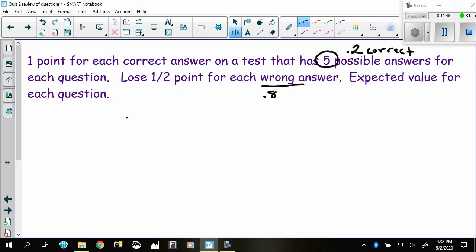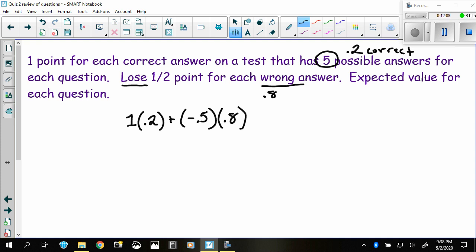So the value here is 1 point for 20% or 0.2 plus, now we are losing half a point. Losing means negative value. So this is a negative 0.5 or a negative 1/2, however you want to type it in there, times the 0.8.